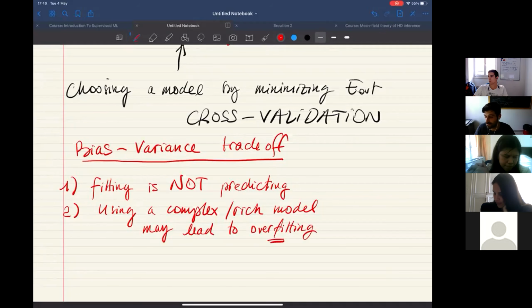That you are fitting random patterns in the training data that are just due to noise, which have nothing to do with the actual rule between inputs and outputs that you are trying to learn. If your hypothesis class is rich enough and you have enough degrees of freedom in your model, you will capture these random patterns, which will lead to bad prediction performance. And this is called overfitting, fitting too much the training data.